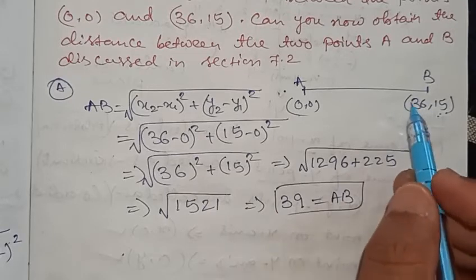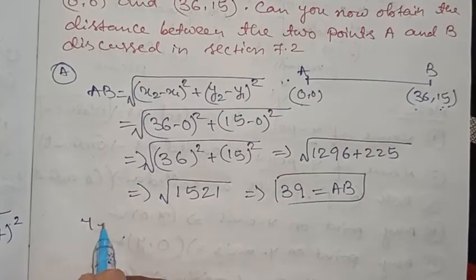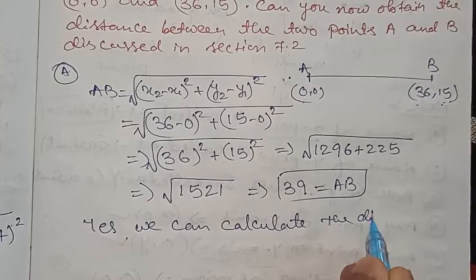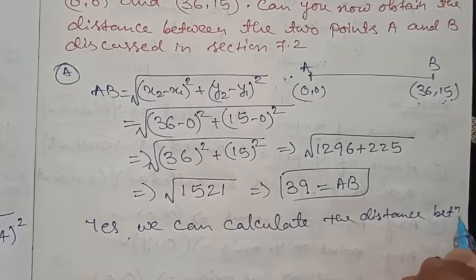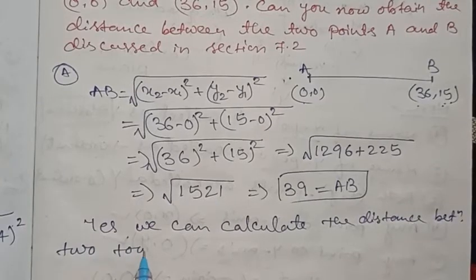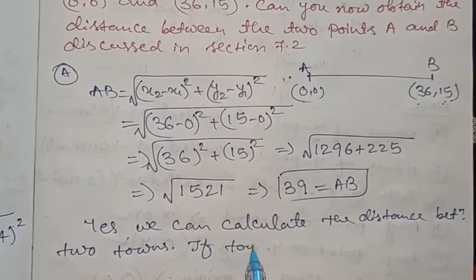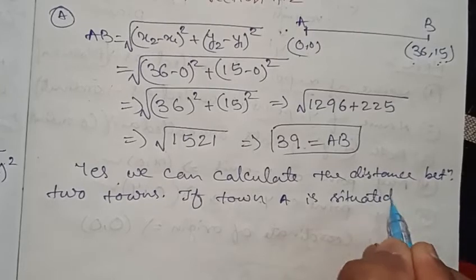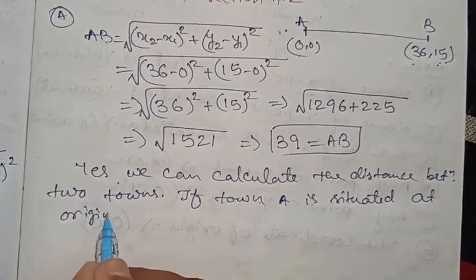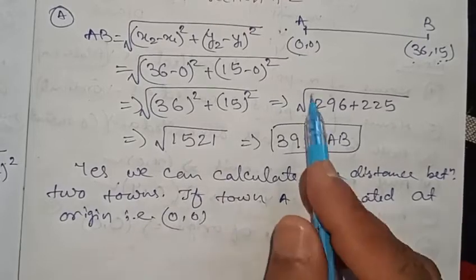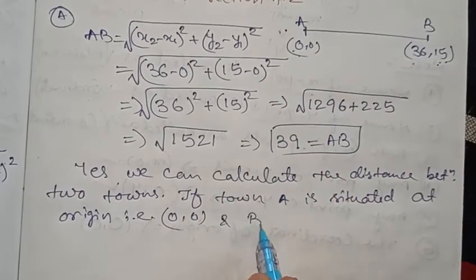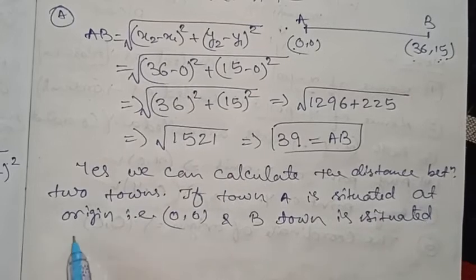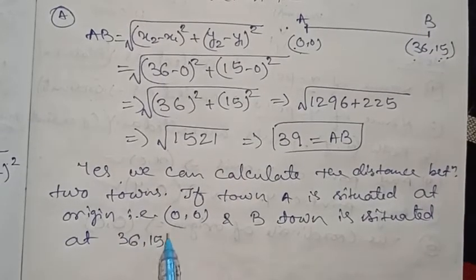So obviously we can find out the distance between two towns if town A is situated at origin, that is 0 comma 0, like this, and B town is situated at 36 comma 15.